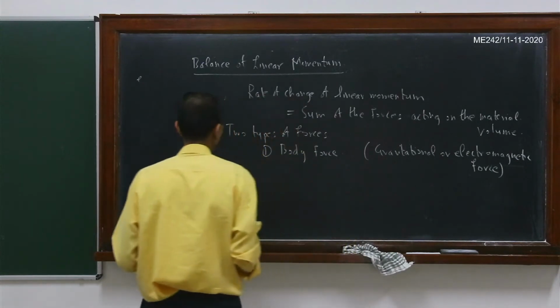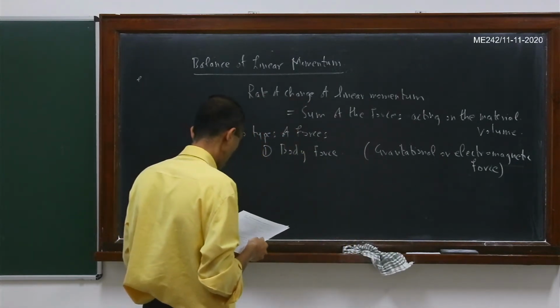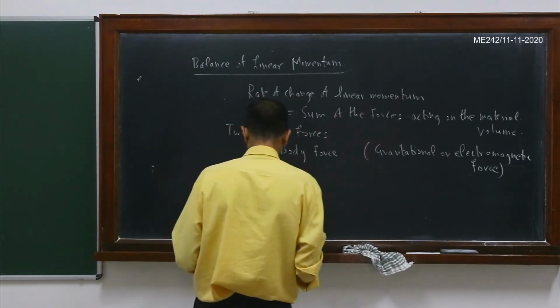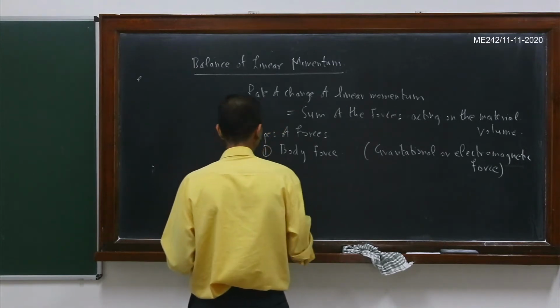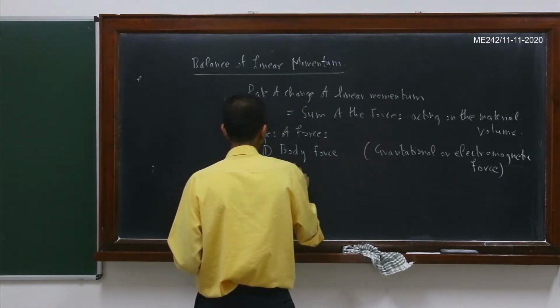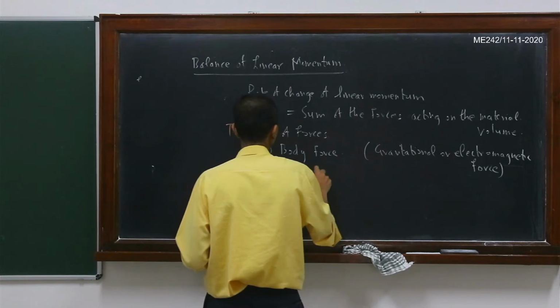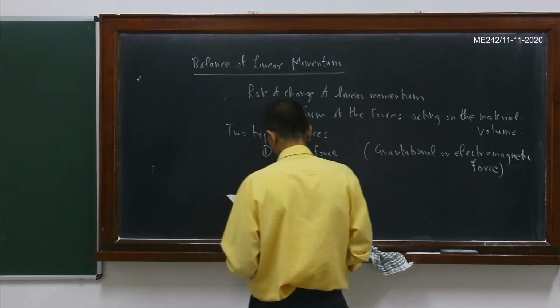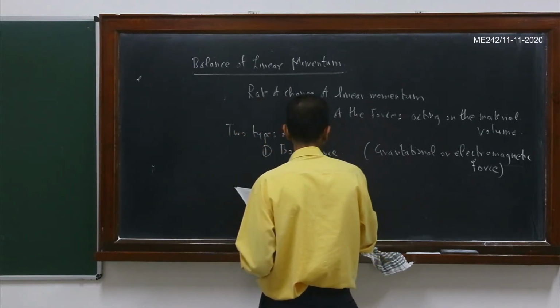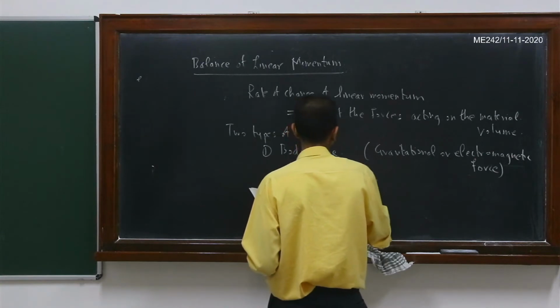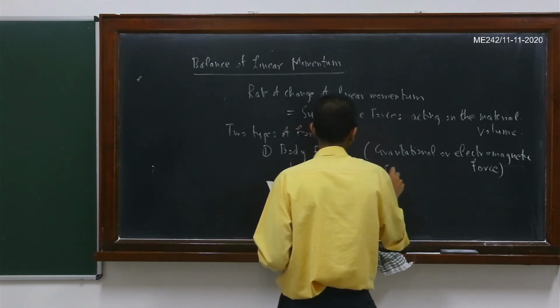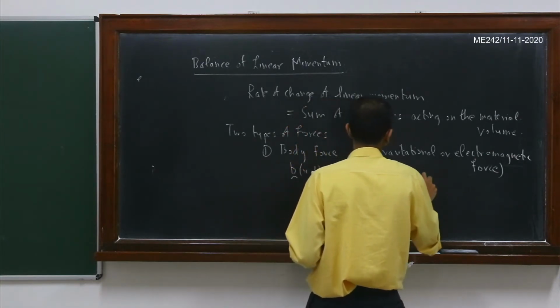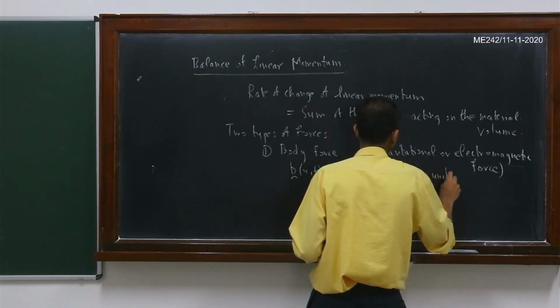So suppose we say that B of x comma t is the body force per unit mass. Let's call this the body force per unit mass.